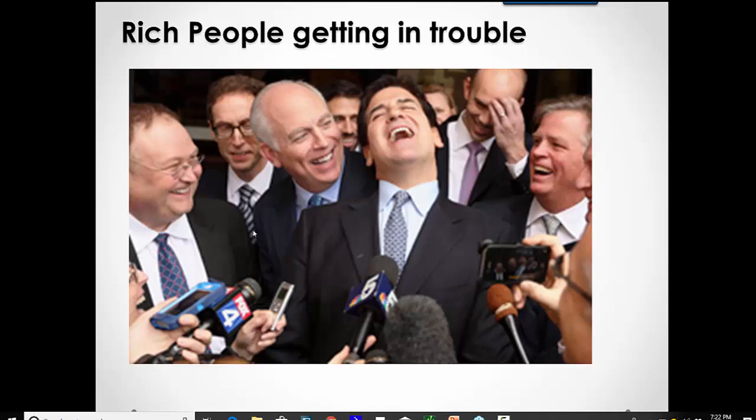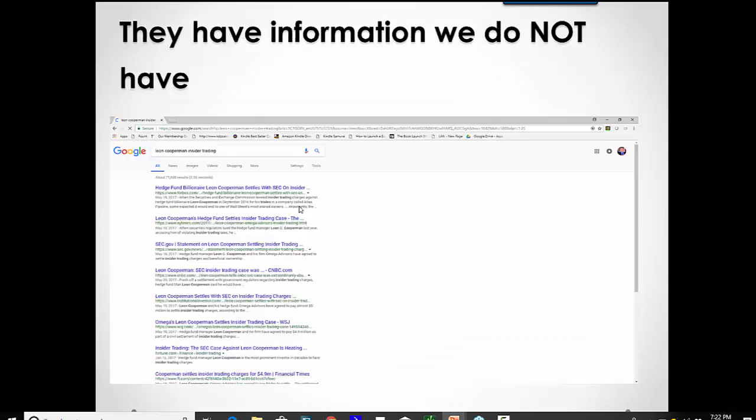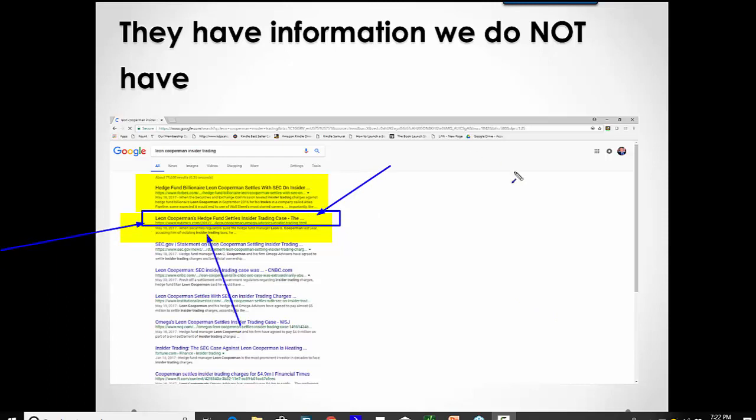Okay, so here's a picture of Mark Cuban. Here, you can't really see it. I did a Google search here on Leon Cooperman. Okay, so the SEC was going after Leon Cooperman for insider trading. He's one of the top 5 richest hedge fund managers in the world. He got off the hook, or he settled with them, but they thought he was insider trading.